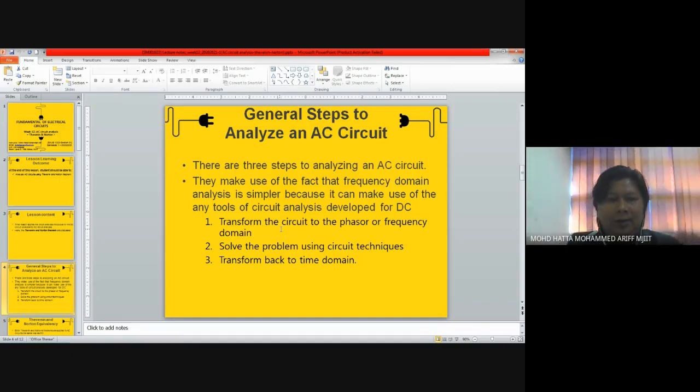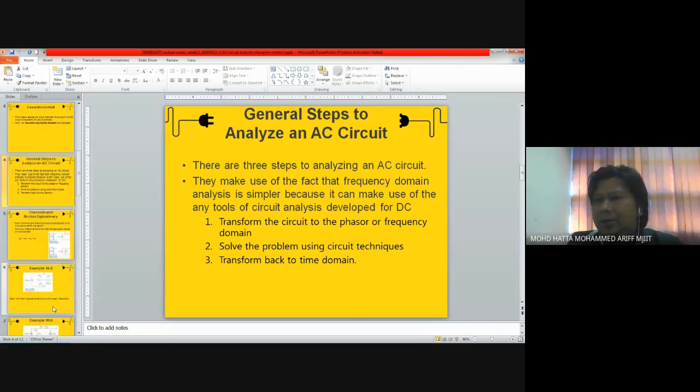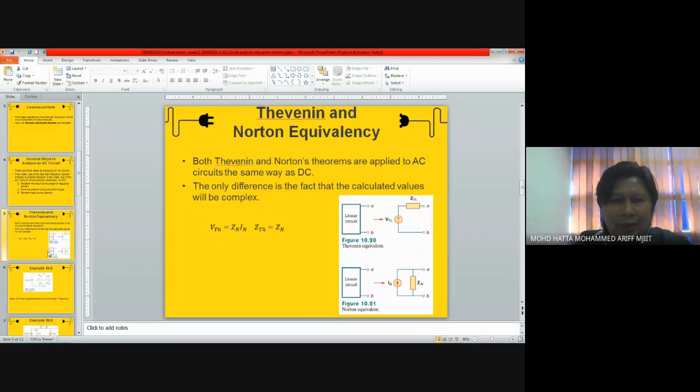And if required, you also need to transform back into its time domain value. All right, that's for introduction.